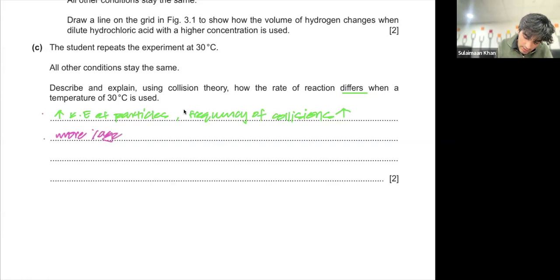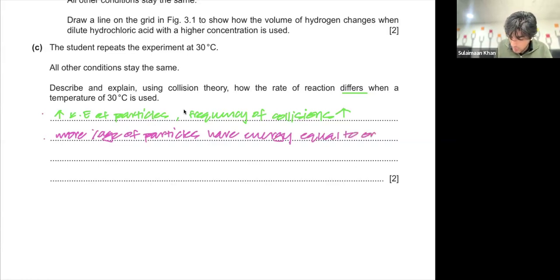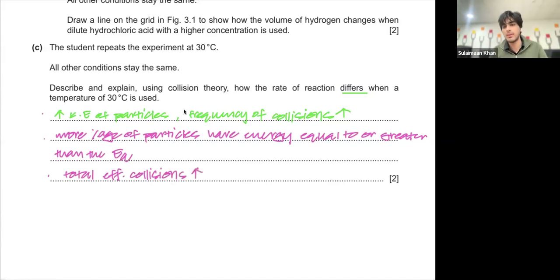Remember, energy does two things: frequency, and more percentage of particles have energy equal to or greater than the EA, and thus the total effective collisions increase. Would I get 2 marks on this, or would I only get 1 mark?